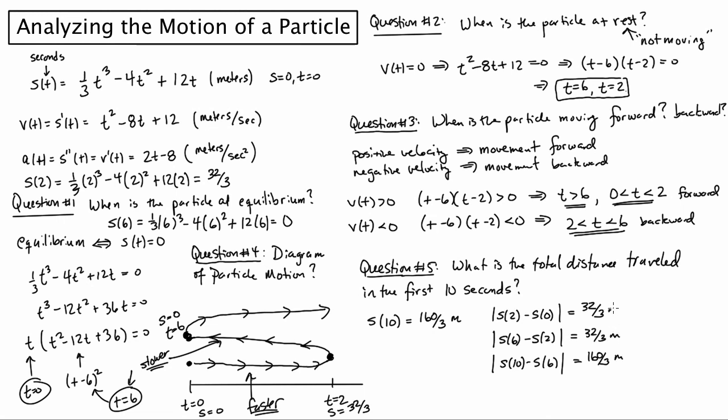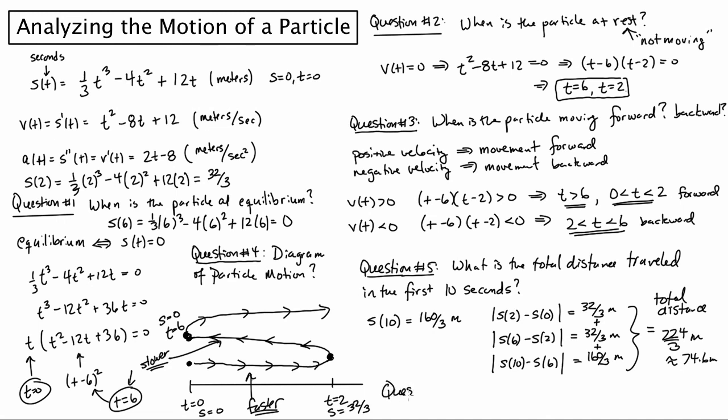So each of these is the total distance traveled on each of those legs, and so as a whole, the total distance that the particle would have traveled over the first 10 seconds is the sum of each of these. And so if you add up all of those, you get 224/3 meters, which is approximately 74.6 meters. So that's how far of a distance is traveled over the first 10 seconds.